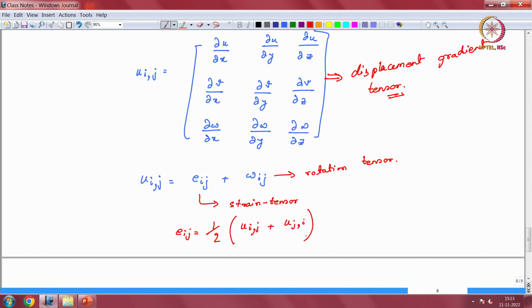So, the order is reversed, and omega ij is nothing but U i comma j minus U j comma i. And actually, one of these matrices is a symmetric matrix, the other is an antisymmetric matrix. I urge you to read up on that.